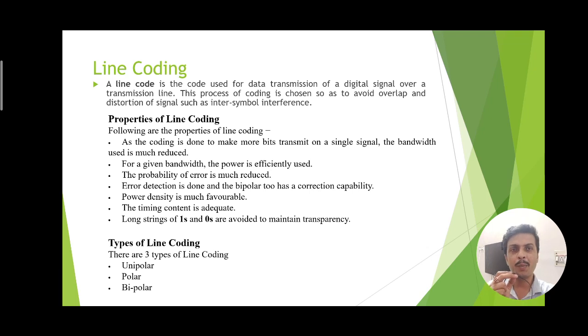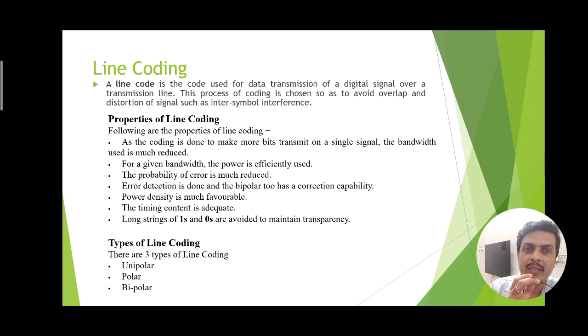The properties of line coding are very much important, as the coding is done to make more bits transmit on a single channel, on a single signal. The bandwidth used is very much reduced. For a given bandwidth, the power is efficiently used. The probability of error is much reduced.